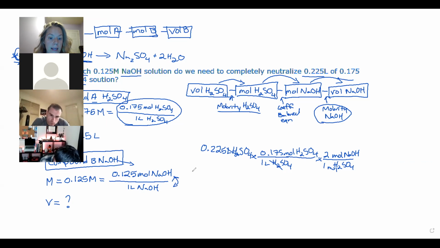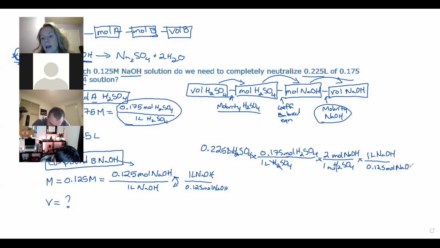If I put the liter on top, the 1 liter of NaOH on top per every 0.125 mole of NaOH on the bottom, what that's going to allow me to do when I plug it into the dimensional analysis is cancel the mole value out and end up with a liter value. So 1 liter of NaOH goes up on the top, for every 0.125 moles of NaOH on the bottom.